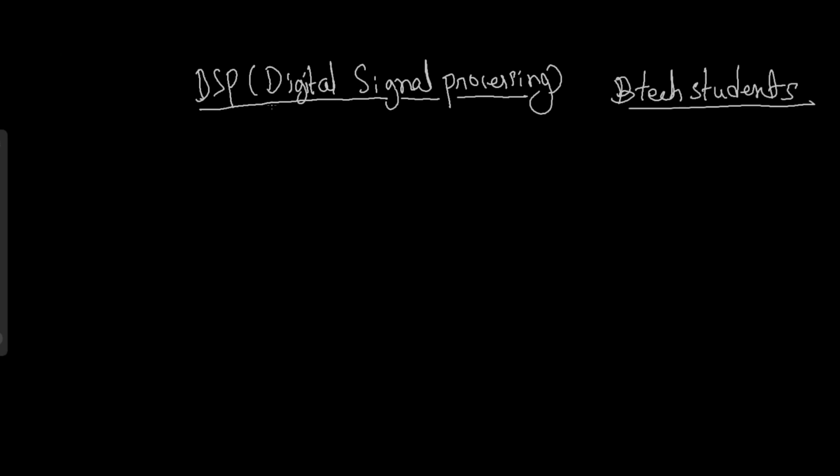Right? So let's start. First, we have the topic which is signal. Let me quickly define what a signal is. A signal is a physical quantity or a dependent variable that can vary with an independent variable.